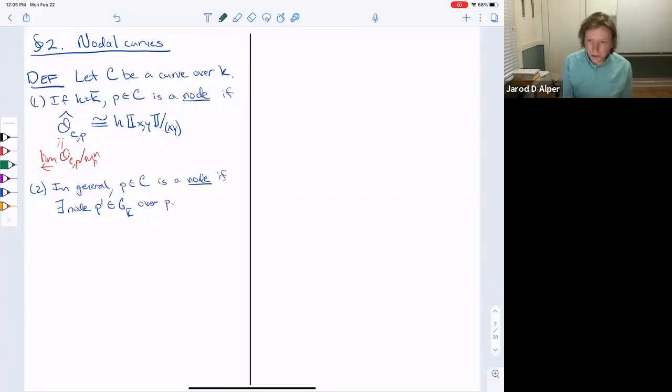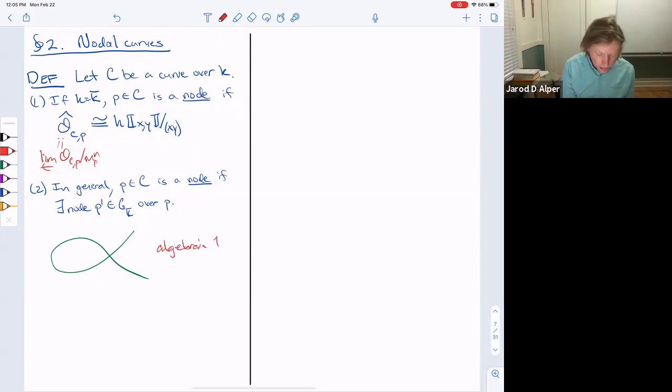And I think you all know this, but the algebraic picture of a node is just a curve that intersects itself transversely. So this is the algebraic, one-dimensional picture.